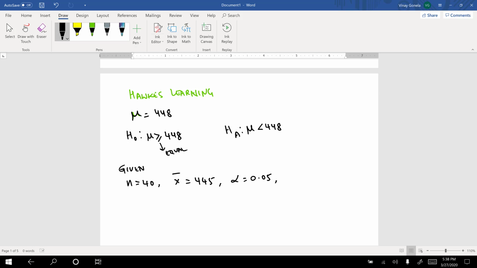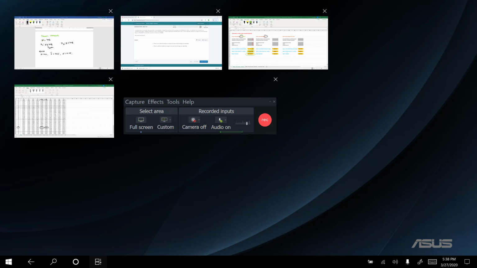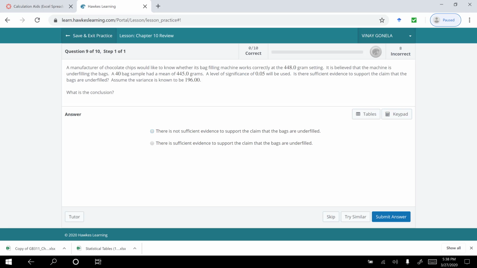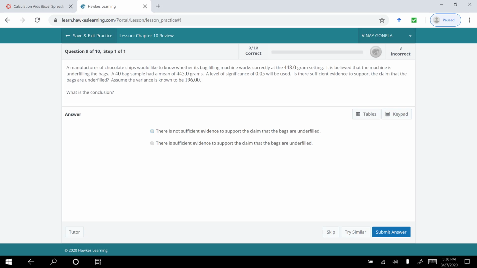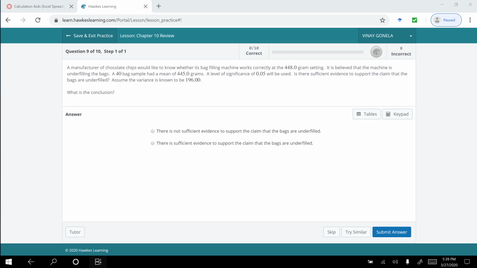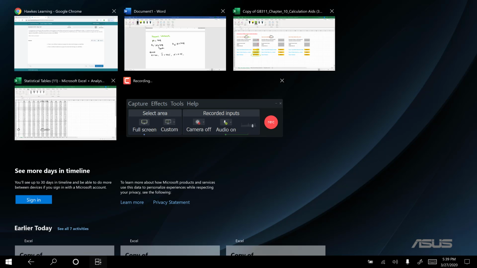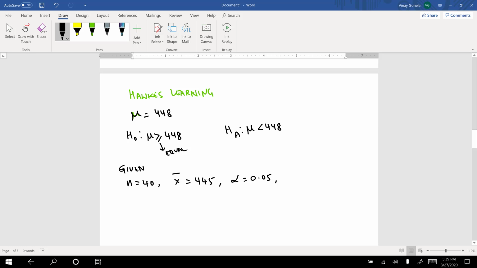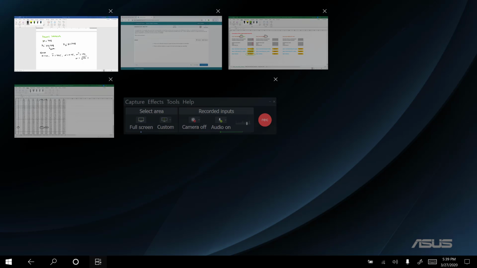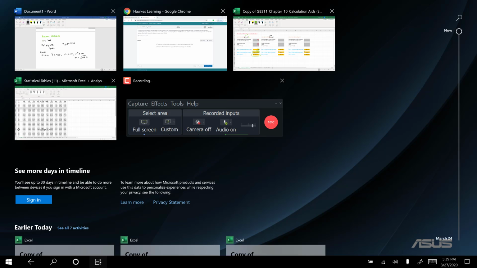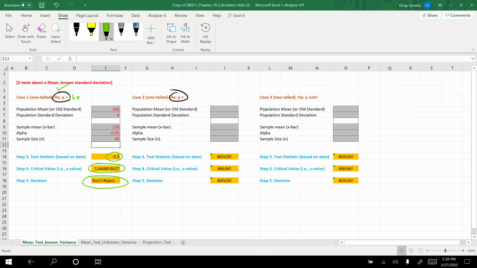And then we wanted the variance. So let's see. Again, assume the variance is known to be 196. So the variance is known. So they gave us sigma square, which is variance, is 196. So we needed standard deviation, square root of 196. I will go to an Excel sheet and calculate it.